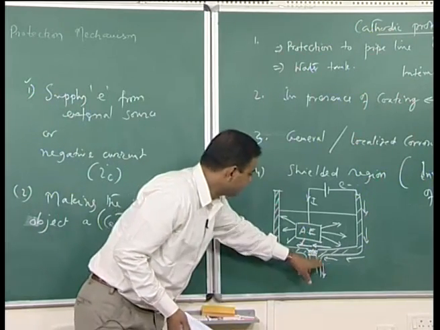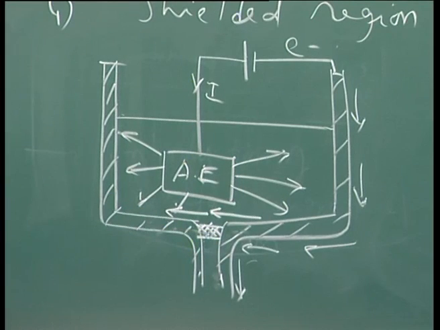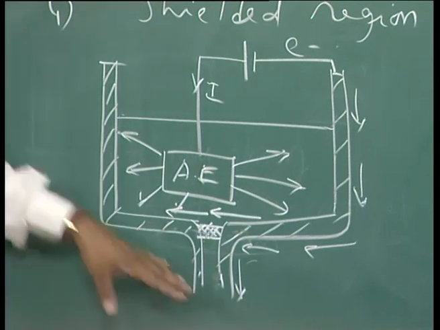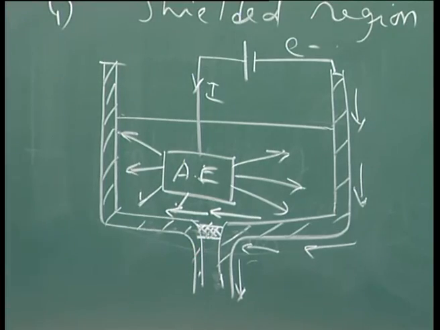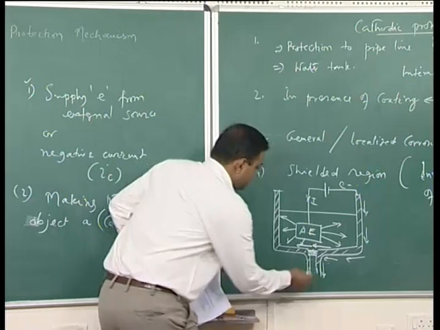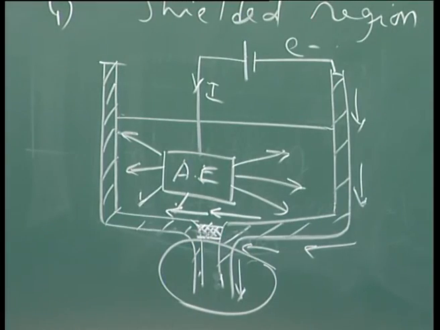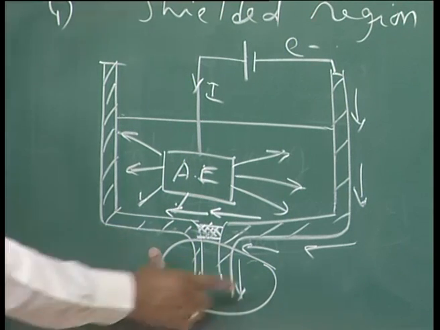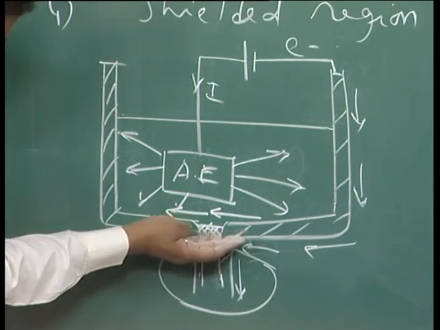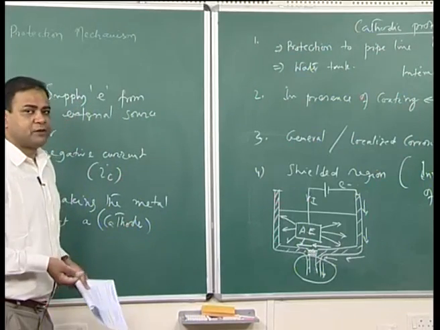Now you see, if you do not have this metallic stopper, you can have the entire system under cathodic protection. But once you have this stopper, this lower part does not come under cathodic protection. This part is getting shielded by the stopper. That is the entire mechanism of shielding.